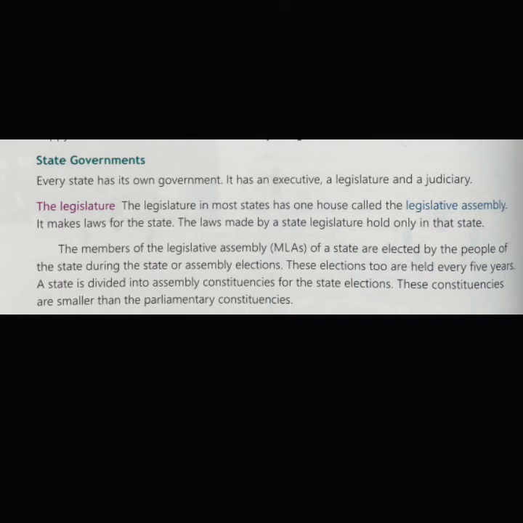The members of the Legislative Assembly of a state are elected by the people of the state during the state or assembly elections. These elections, too, are held every 5 years. A state is divided into assembly constituencies for the state elections. These constituencies are smaller than the parliamentary constituencies.